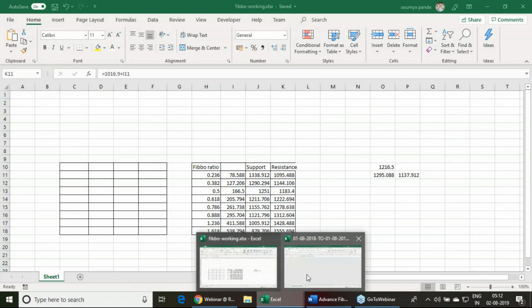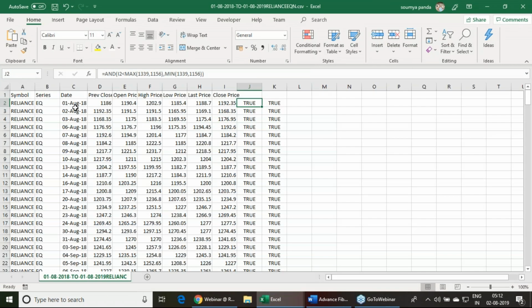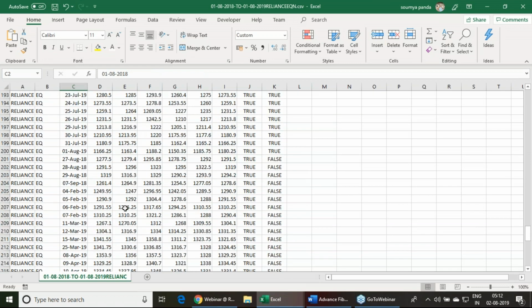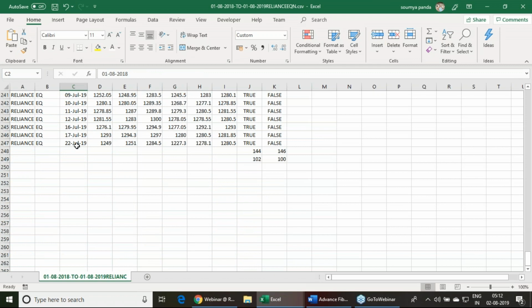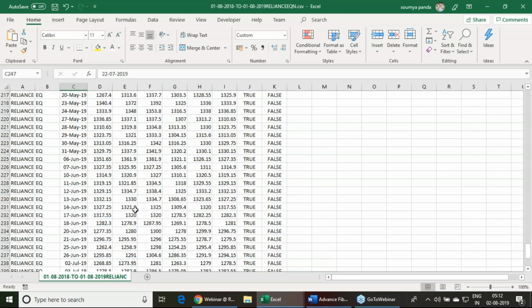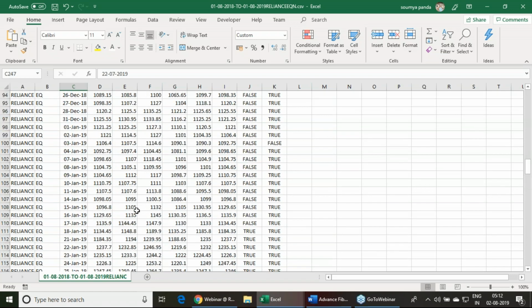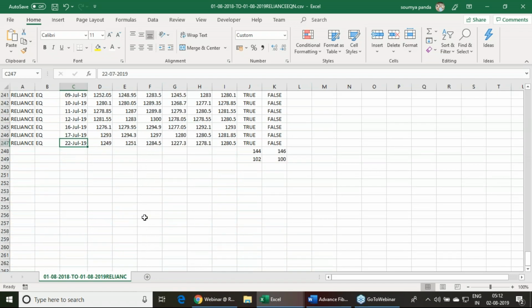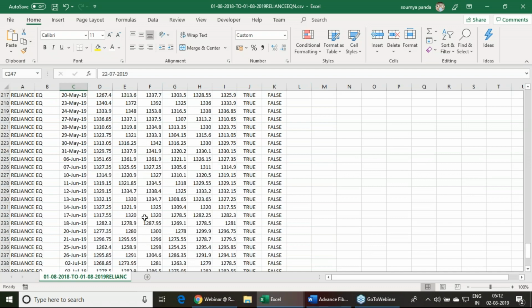I have just taken the Reliance price points from 1st August 2018 till 22nd July 2019. These are the data points I have taken.